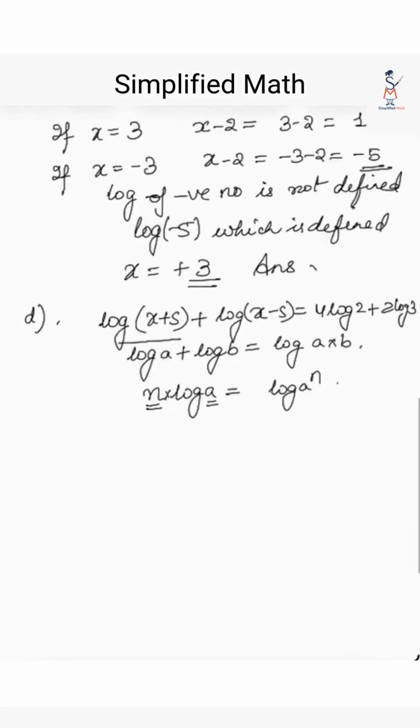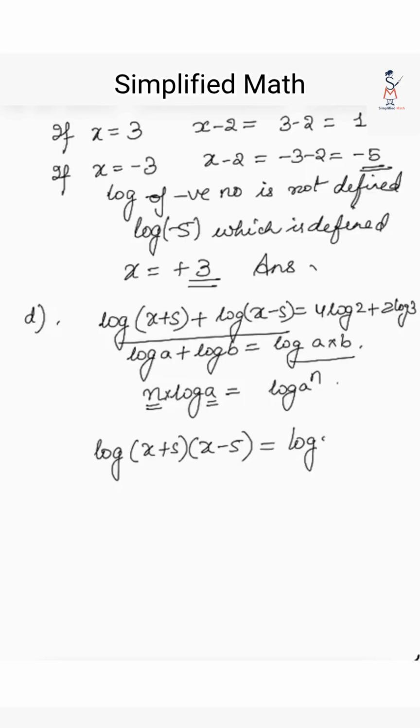So here we will apply the log a plus log b form. That is log of x plus 5 into x minus 5 is equal to, this becomes 4 log 2 becomes log 2 raised to the power 4, plus 2 log 3 becomes log 3 raised to the power 2. Fine. Now this is log of x plus 5 into x minus 5.